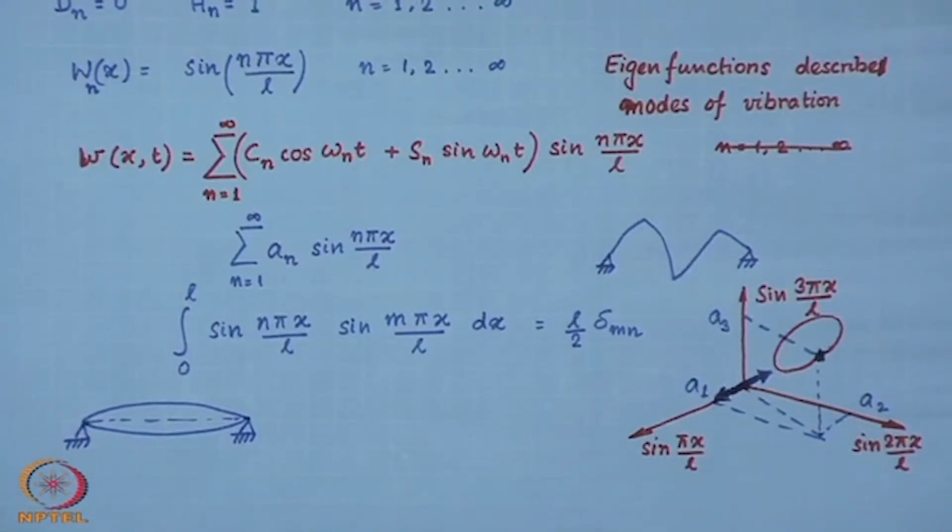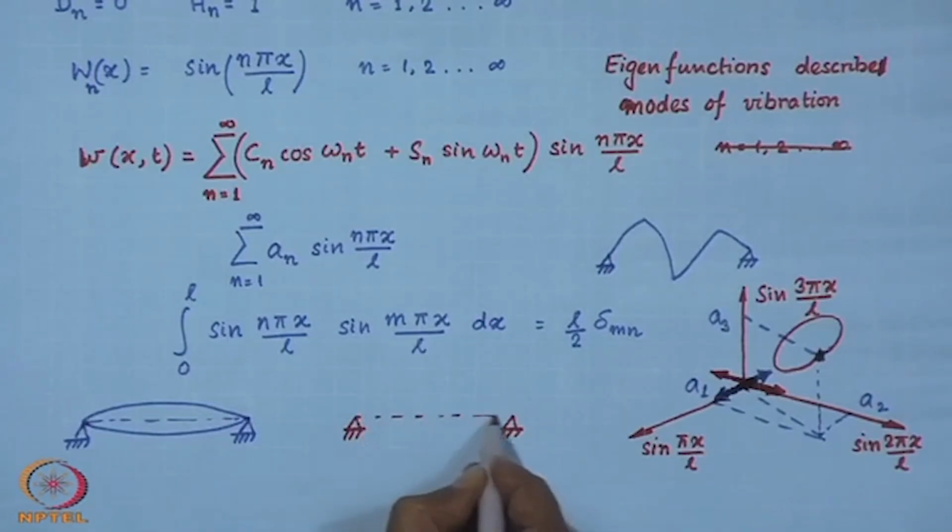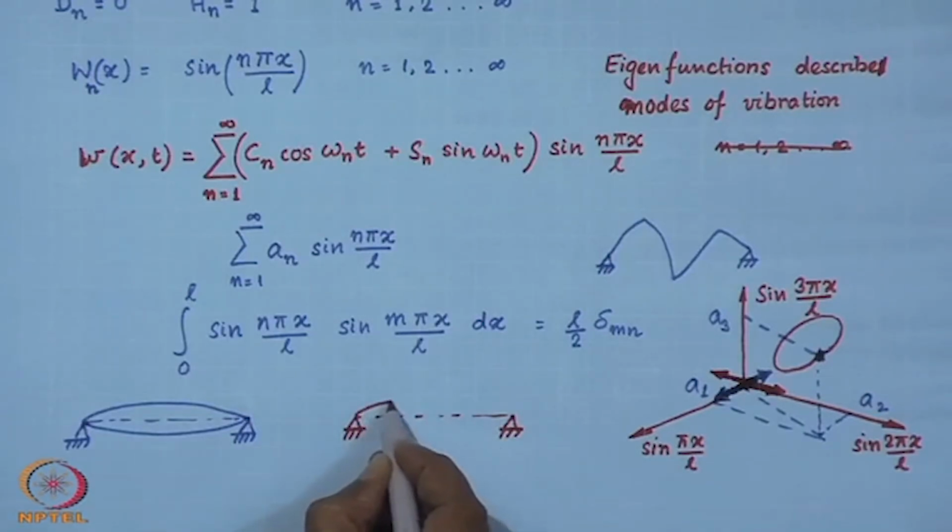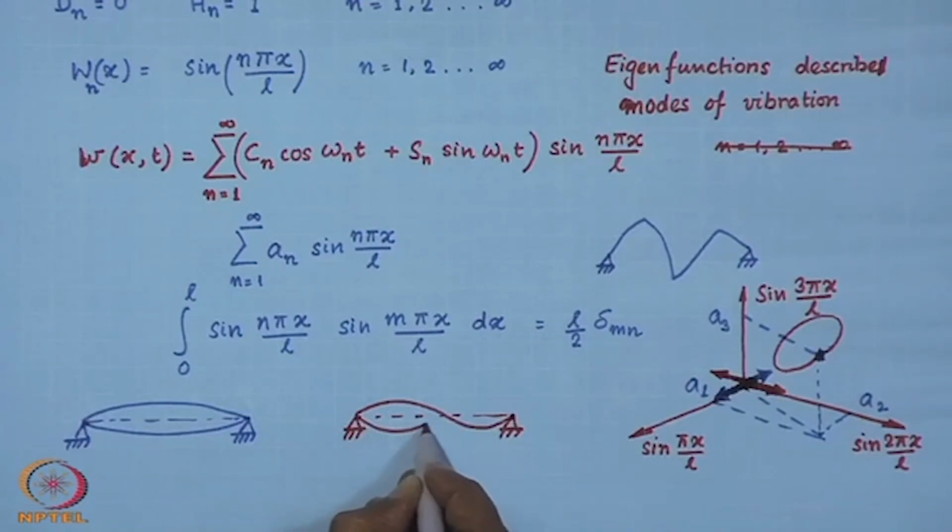Similarly, if you consider motion only along the second axis, sin(2 pi x over L), then the motion of the string looks like this.